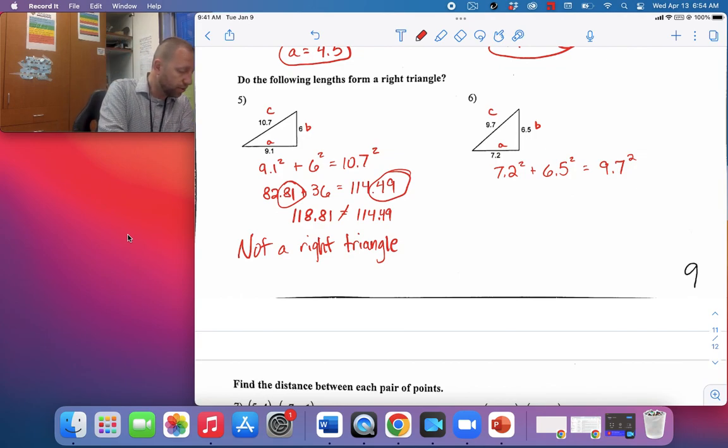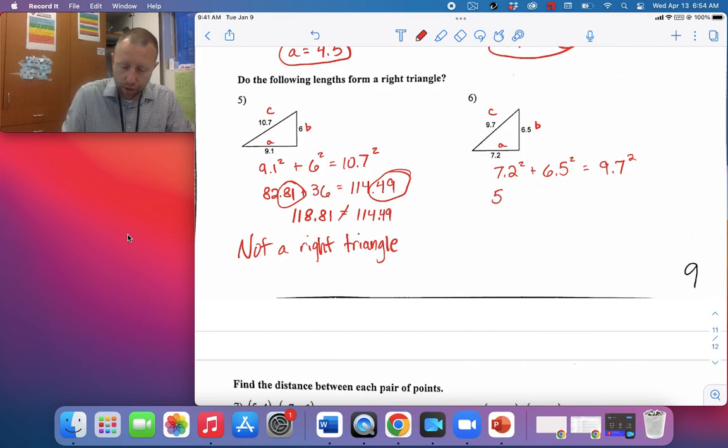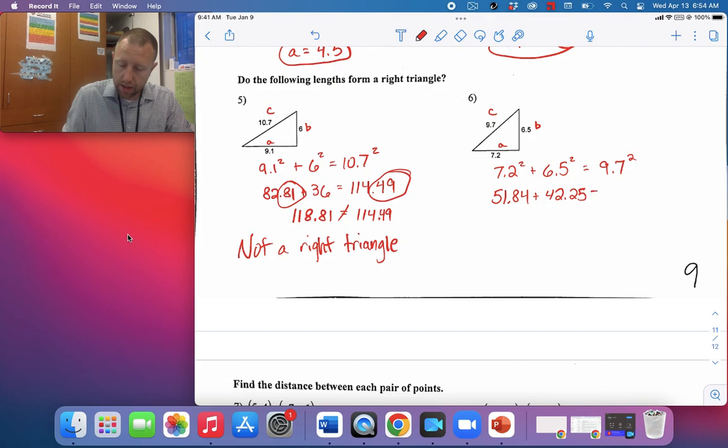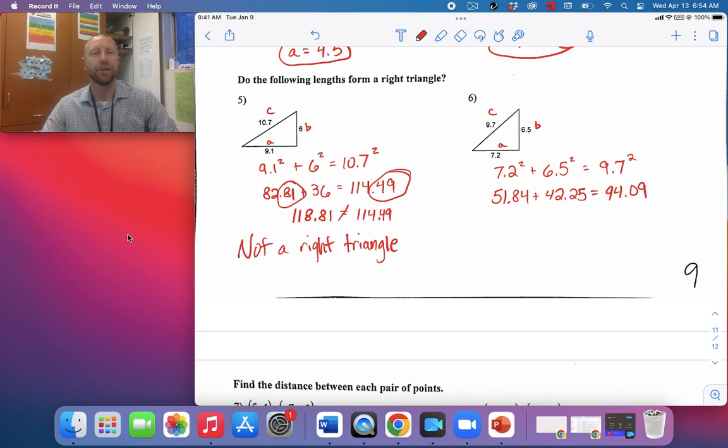And then let's see what those are. If I do 7.2 squared, I've got 51.84. If I do 6.5 squared, that's 42.25. And last but not least, if I do 9.7 squared, I get 94.09. Well, this might work. Look at our decimals. But let's go ahead and add them and see what we get.